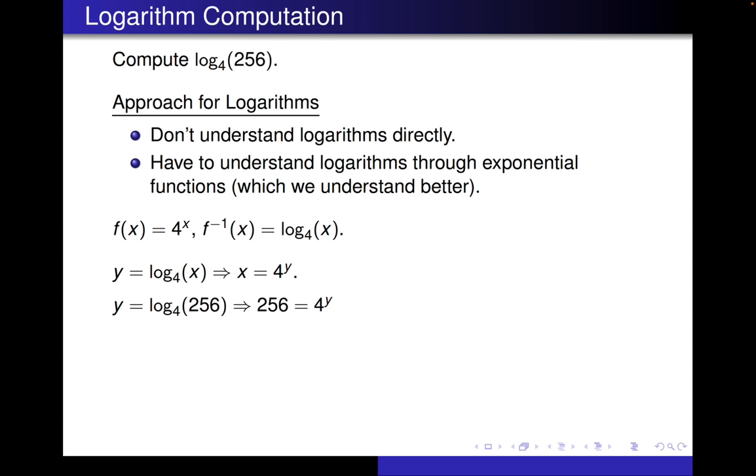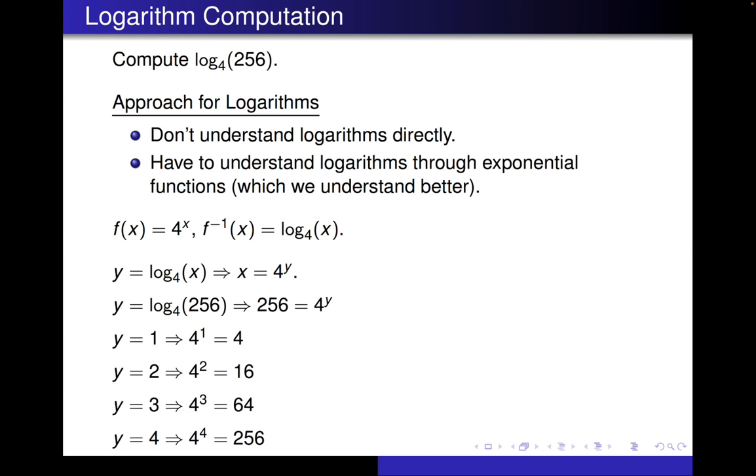And so now all we're looking for is a value of y where if we take 4 to the y, we end up with 256. So let's give it a try. Let's try out some values of y, see if they work. If I try y equals 1, 4 to the 1 equals 4, not 256. y equals 2, 4 to the 2 equals 16, closer but still not 256. y equals 3, 4 to the 3 gives us 64, still not there, but notice that when we get to y equals 4, 4 to the 4 is equal to 256, and so y equals 4 is exactly what we're looking for.